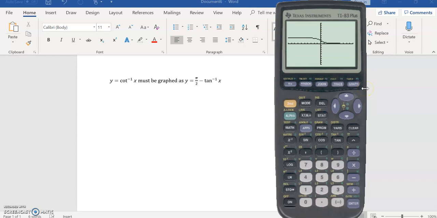Because if you look at tangent and cotangent, the original graphs and the inverses, you'll see that they're reflections of each other. And in this case, we've moved it up just to get it off that asymptote. So when you graph this one, you do need to use this trick on the TI to make it work.